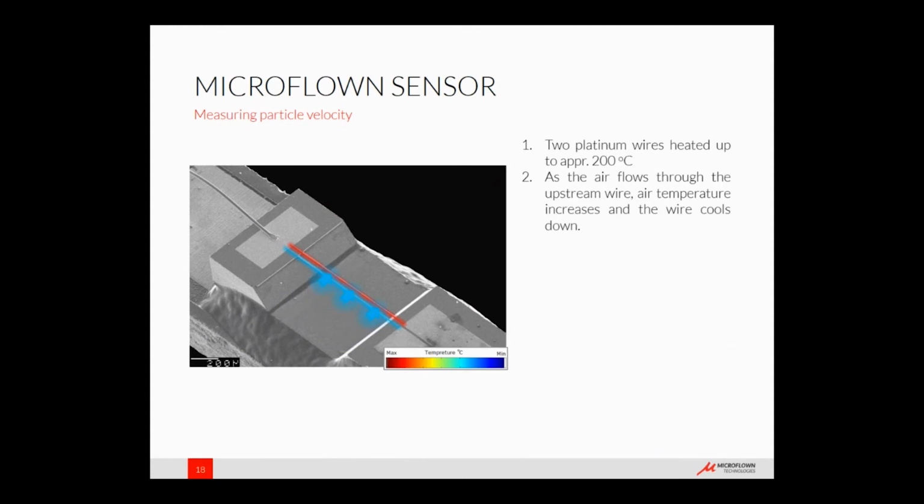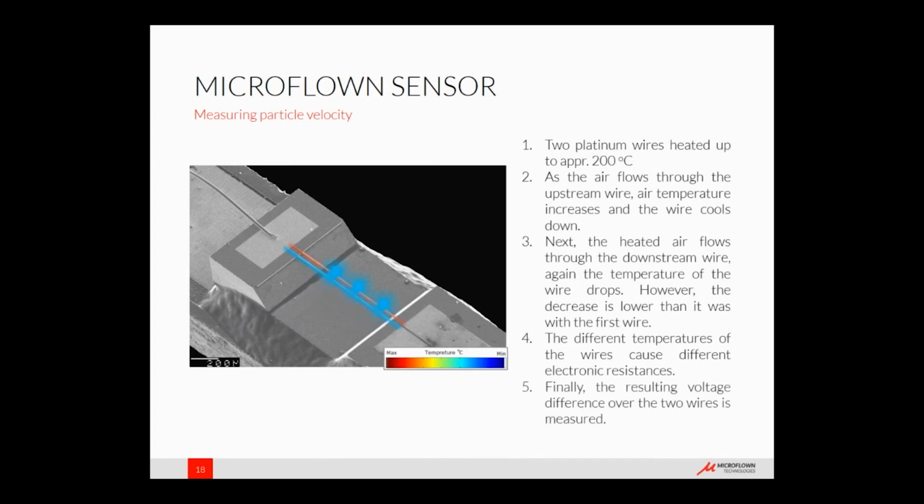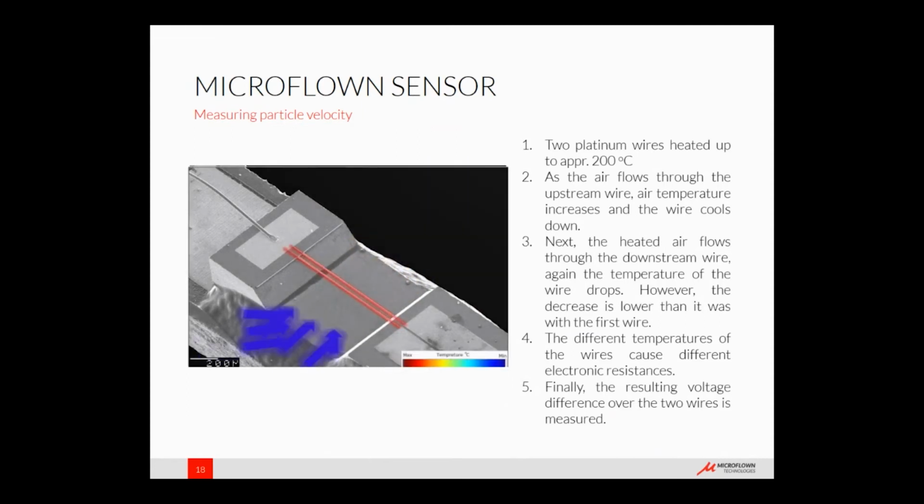Then as the wavefront continues propagating through the medium, it will reach the second wire, and the second wire will cool down less due to the fact that the particles have been heated up by the first wire. So the difference in temperature of the wires causes a different electronic resistance.